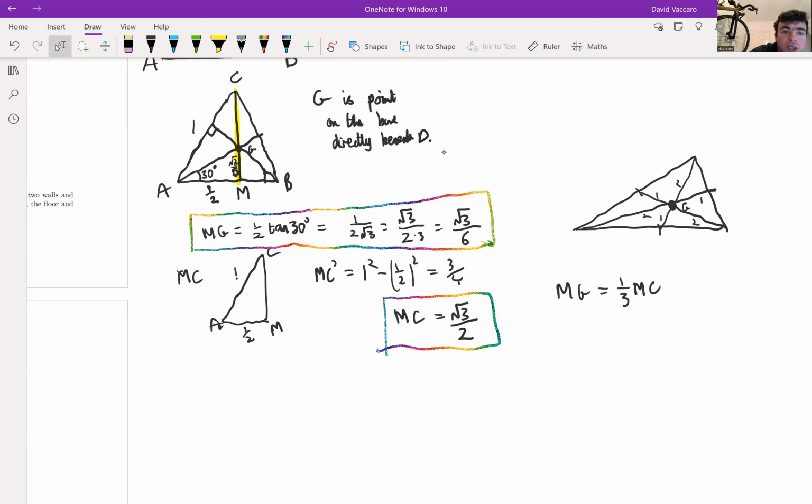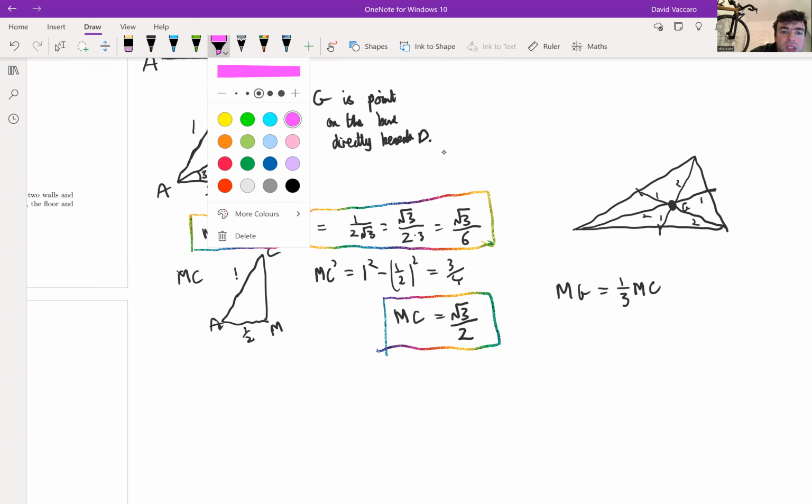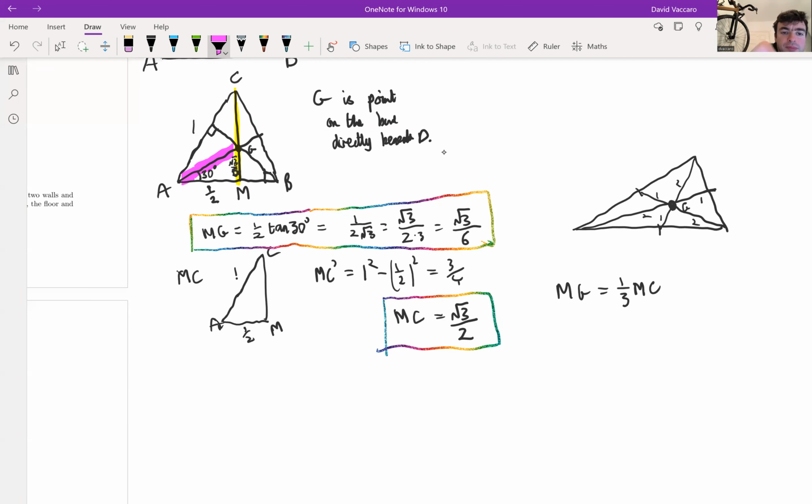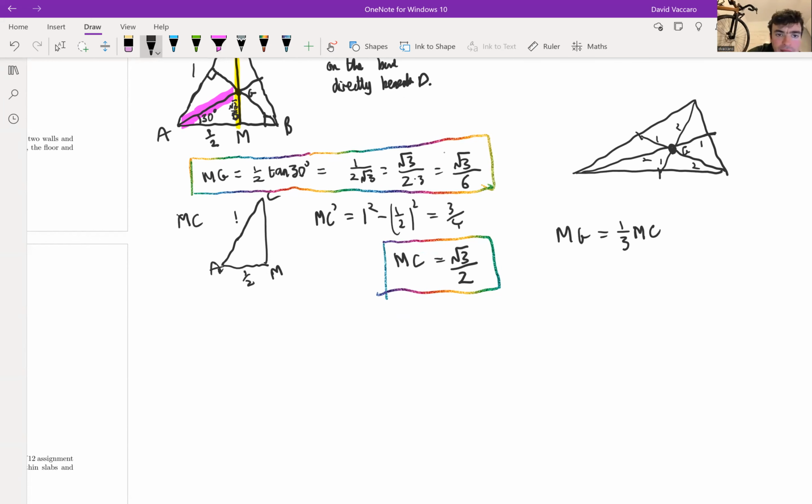Okay, what we can also do next is find the length AG. We've got a length of 1/2, we've got a length of √3 over 6, and we can find AG by Pythagoras. Or if we're more clever, we can avoid Pythagoras, because Pythagoras would just be a bit nasty.